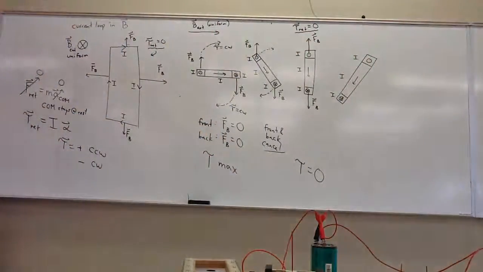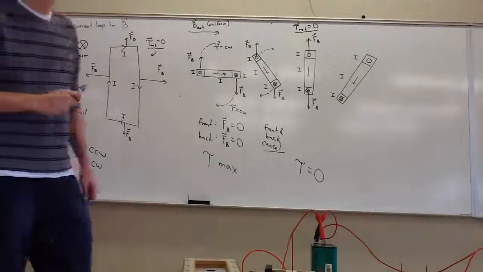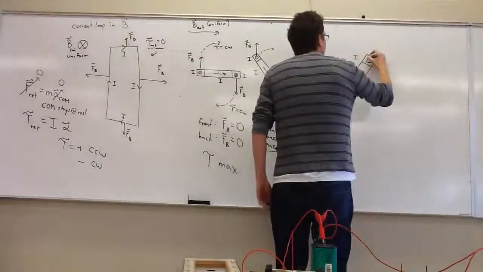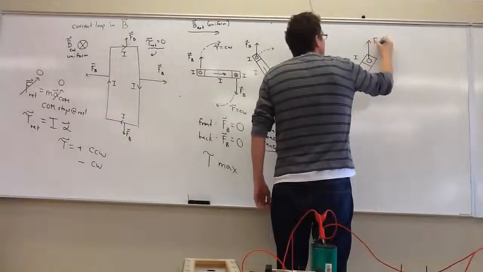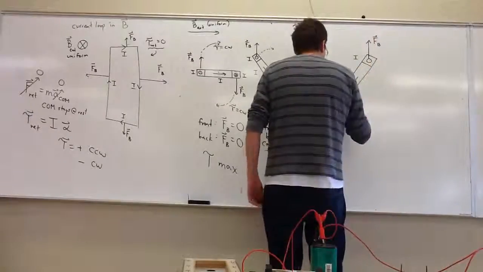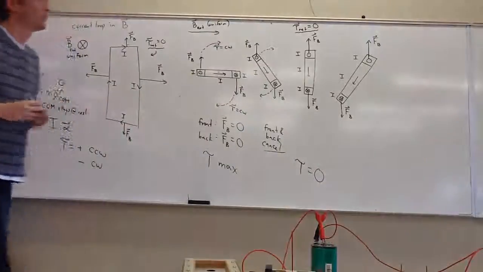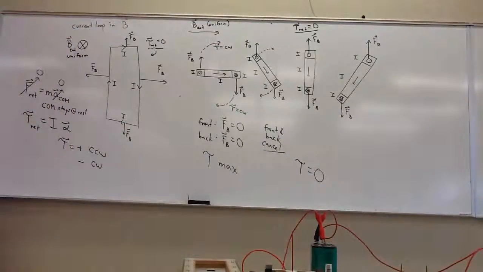So now, let's find out what happens as you overshoot this orientation of net torque being 0. Well, I draw in my forces once again. Remember, the force directions haven't changed. What's going to happen there?